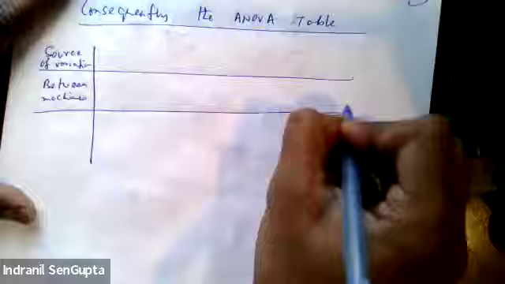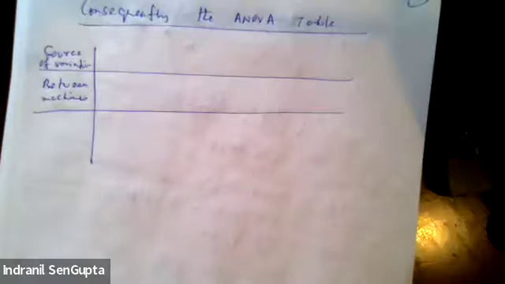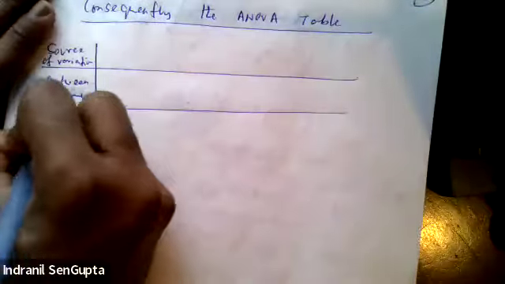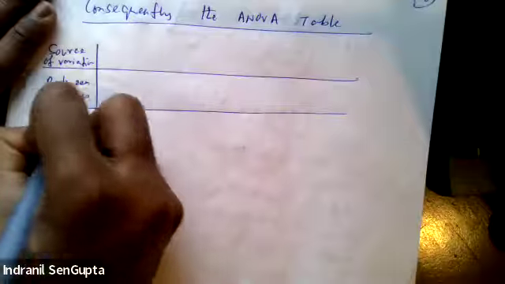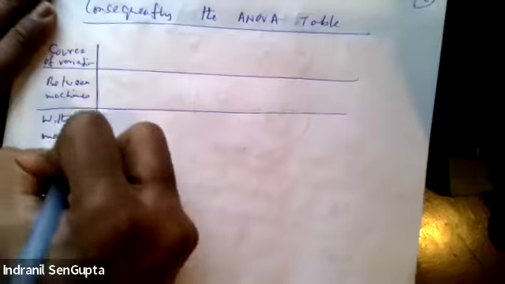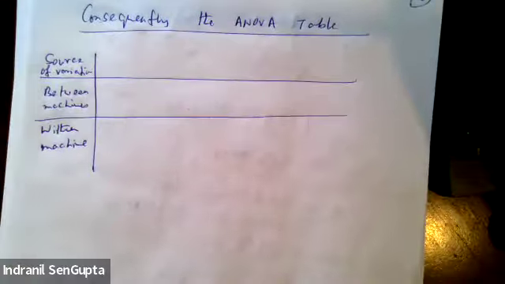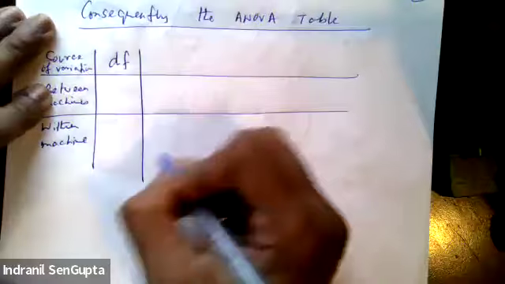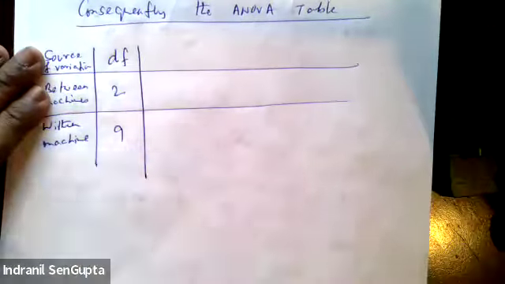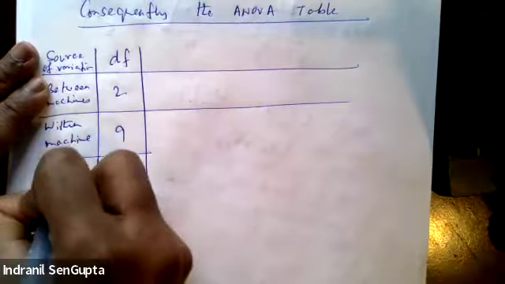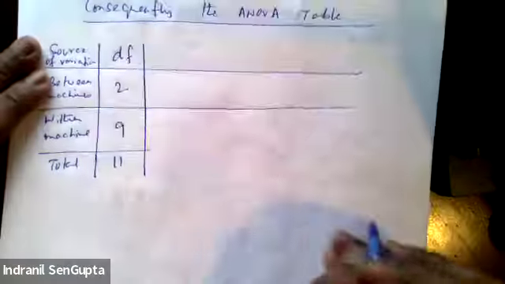Source of variation: between machines and within machine. Within machine means it's basically due to the error. Degrees of freedom: the first case is 2, the second case is 9, and the total is 11.